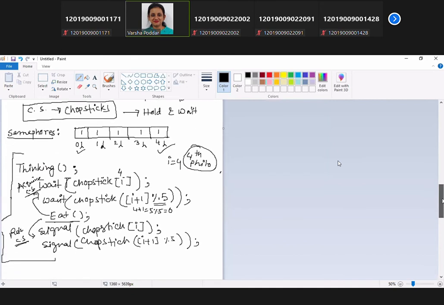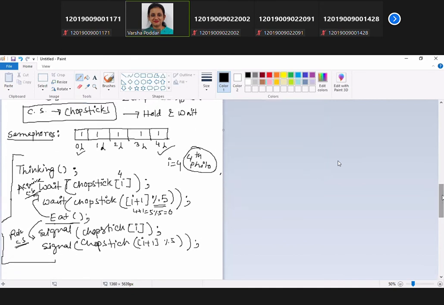Now, how will I be using it? When I have one chopstick and I'm waiting for the other, that is the hold and wait condition for deadlock. Until the other person releases the held one, I cannot eat. But how do I acquire both? I will use wait. Wait will be applied twice, on both sides of my chopsticks. If I am the ith philosopher, I can be 0, 1, 2, 3 or 4. I will be acquiring the ith chopstick and the (i plus 1)th chopstick.